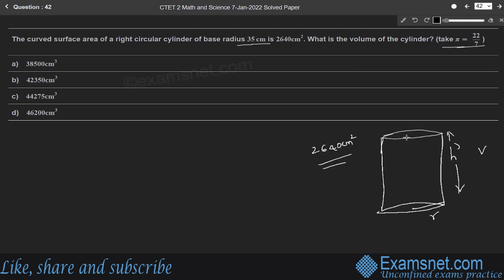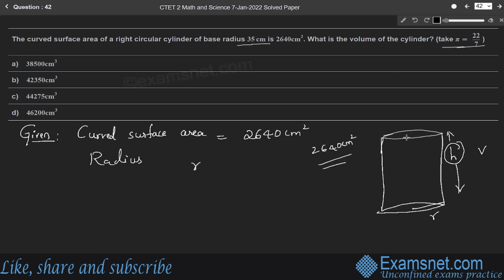In that we have to find the value of H. Then substitute the value of H in volume of the cylinder, pi r square H. So given curved surface area is equal to 2640 centimeters square and radius R is equal to 35 centimeter, right?